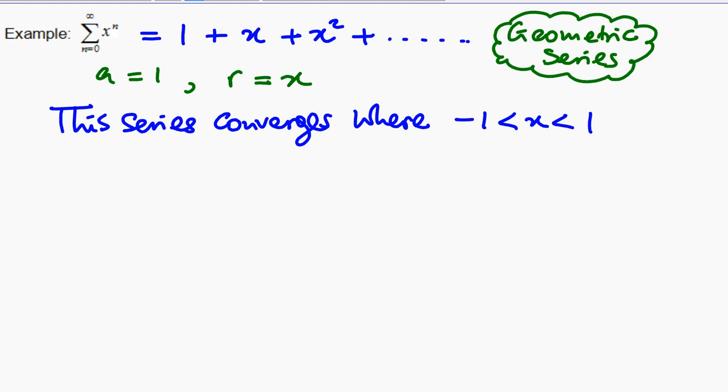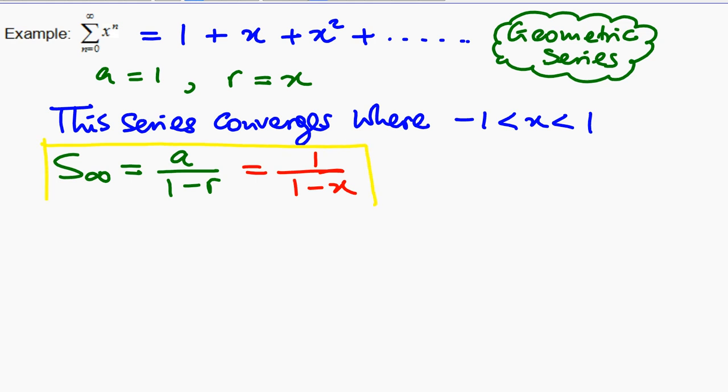Now, I just want to talk a little bit about the sum of this series. We know that it's a geometric series with common ratio x. So the sum to infinity of this series will be, we know it's a over 1 minus r, which means we are going to end up with our a is 1, so 1 over 1 minus x. Which means that this power series converges to a function.